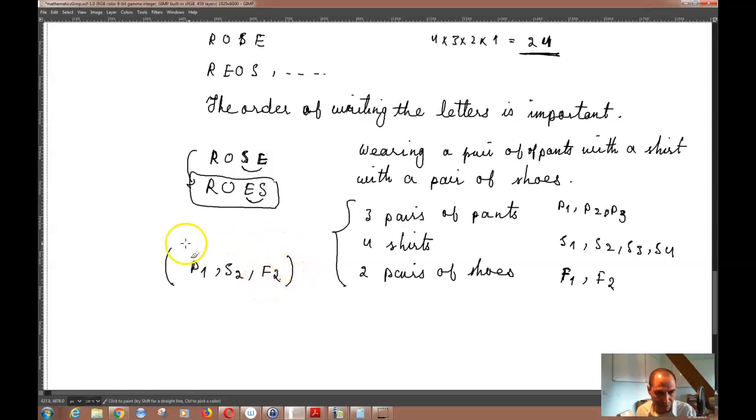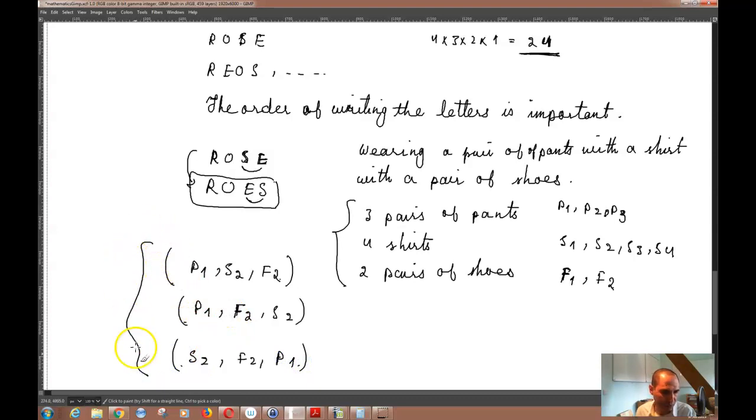Now in this particular situation, it doesn't really matter whether you write this as P1, S2, F2, or as P1, F2, S2, or as S2, F2, P1. They would all be the same thing, as long as we are talking about the same items of clothing matched together to be worn on a particular day.